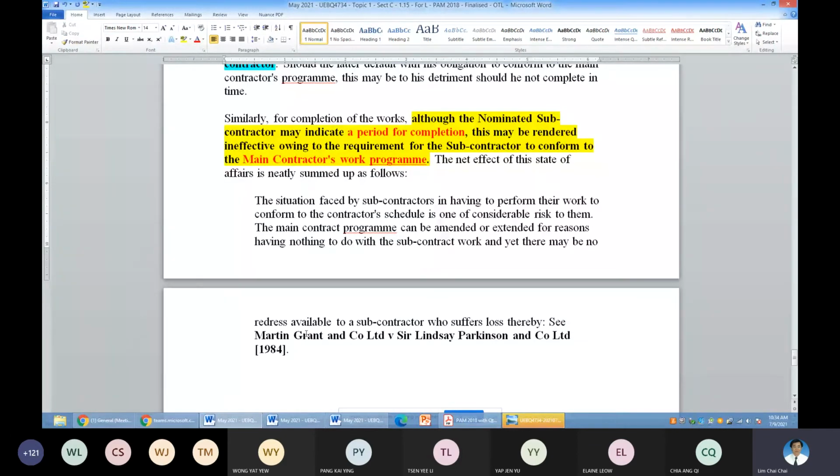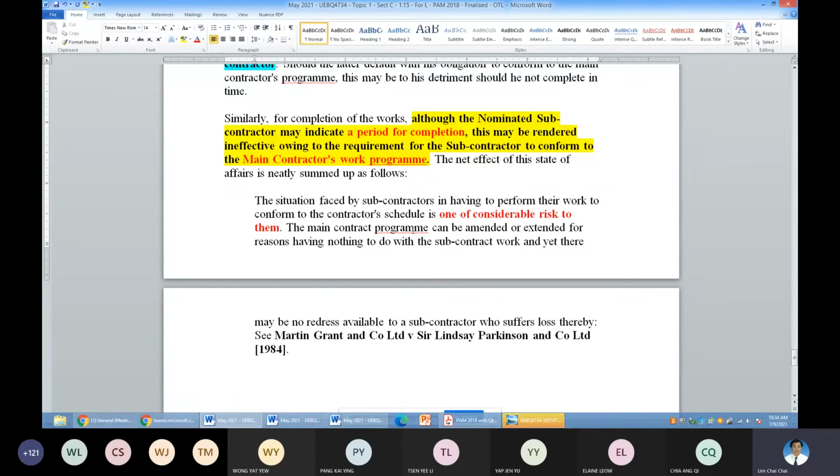The situation faced by the subcontractors, having to perform their work to the main contractor's schedule, is a terrible risk. It's one of the considerable risks to them. Why? Because the main contractor can amend and extend everything in the project work, which could affect the NSAs accordingly.